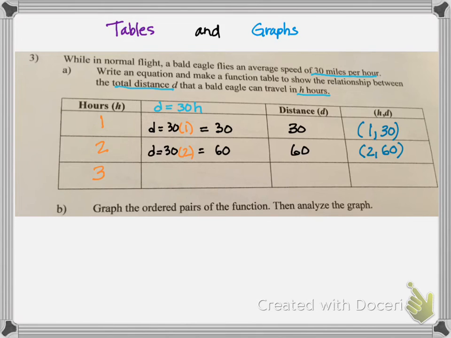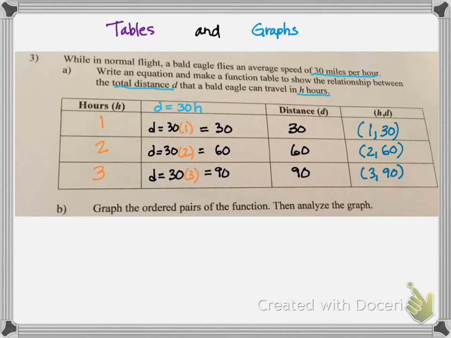And then 3, we're going to have distance equals 30 times 3, which equals 90. That's our output. And we put them together as an ordered pair, and we have 3 and 90. So what they're going to ask us to do now is to graph and then analyze.